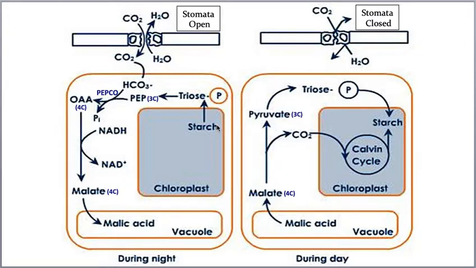Now this starch during night time converts, don't think that the whole starch will be converted into triose phosphate. Only some portion of the starch dissociates in the form of triose phosphate, and this triose phosphate produces phosphoenol pyruvic acid.